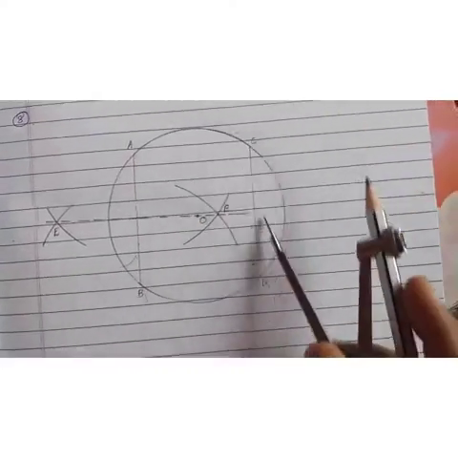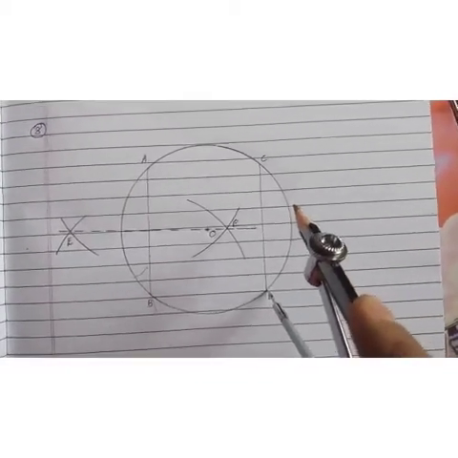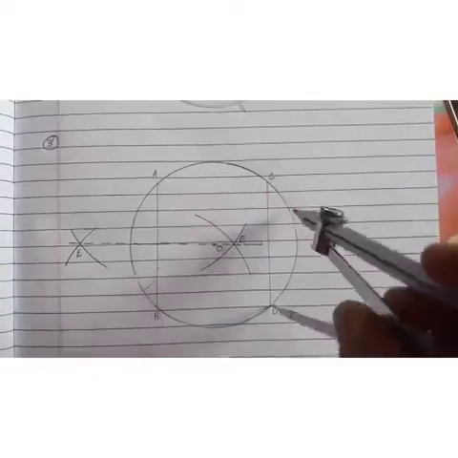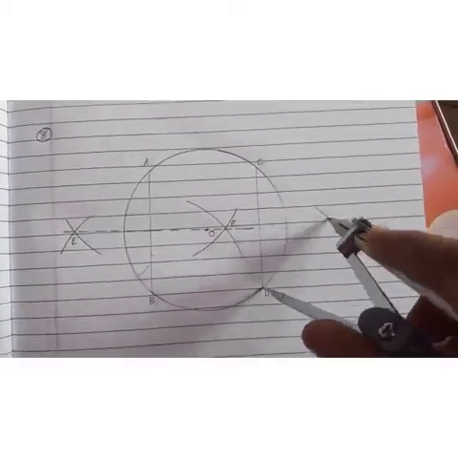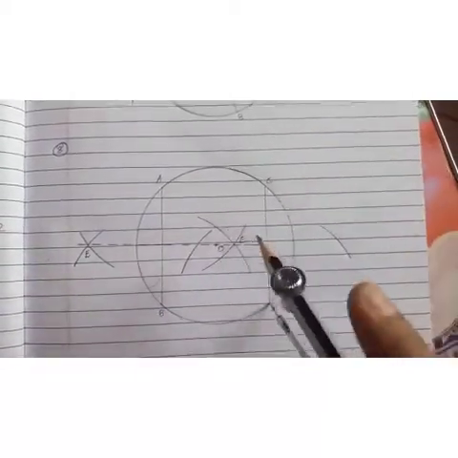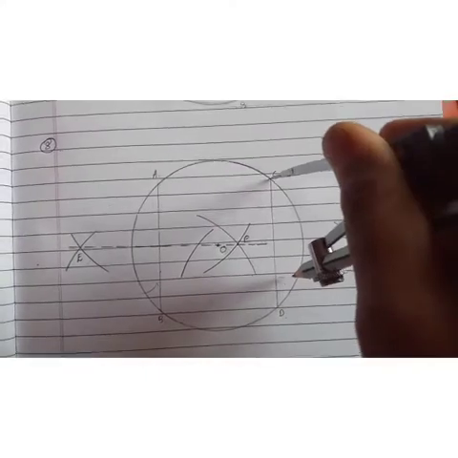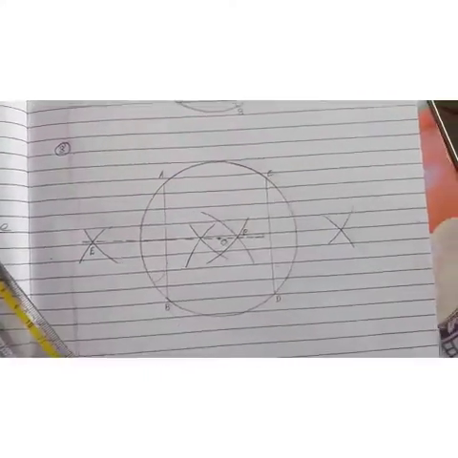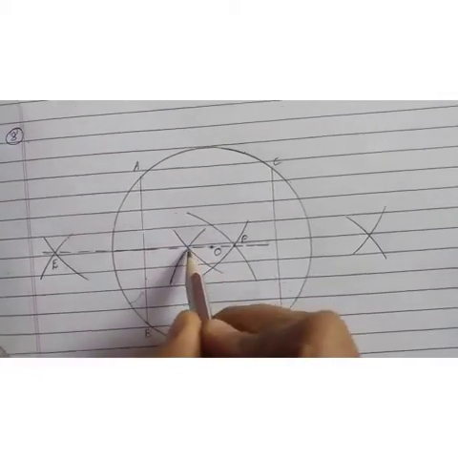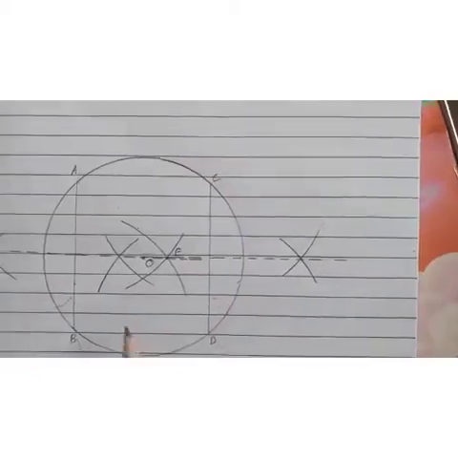Now take this one, CD. Again take radius more than half and draw an arc above and below. Similarly with C as center, again with the same radius, draw an arc above and below. Now children, join this point and this point. I have joined.